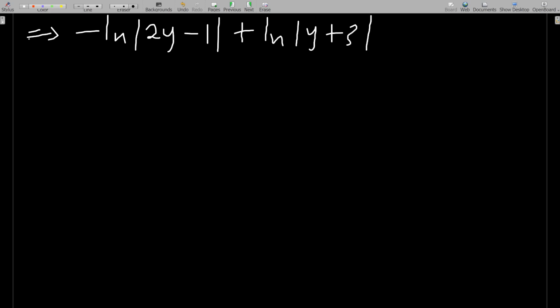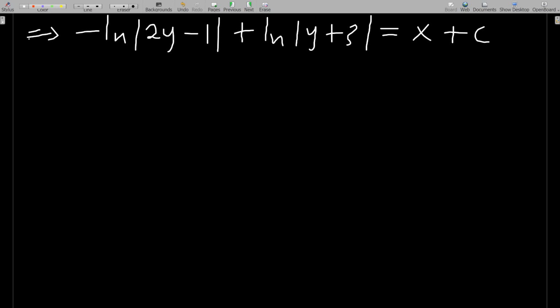This will imply that we have minus ln of 2y minus 1 plus ln of y plus 3 is equal to x plus c, okay. I hope you get this. So what will happen here is very, very simple.